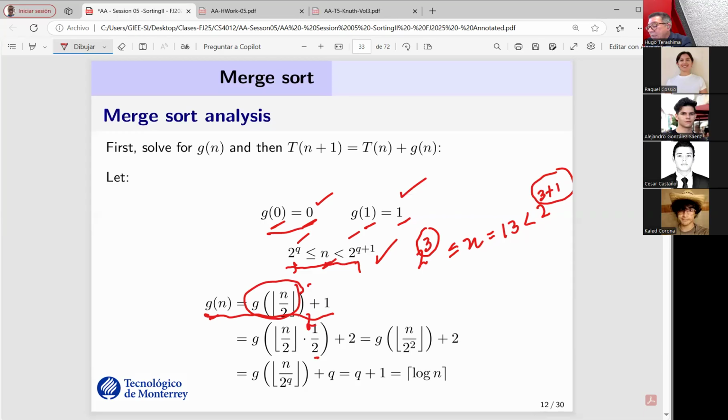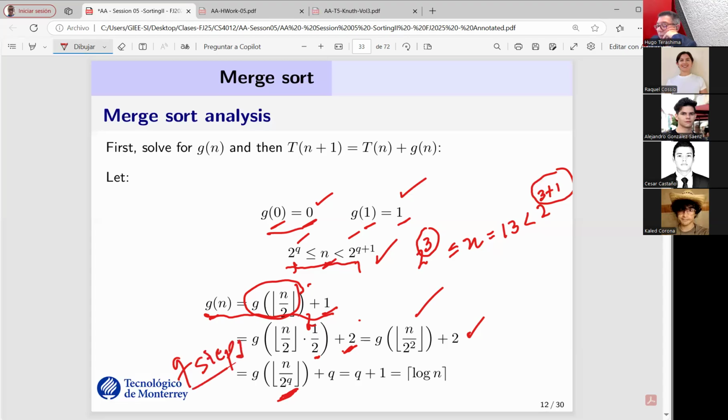Which is this, plus 1 plus 1, which is 2, right? So I have n over 2 squared plus 2. So that's the first step. After getting q steps here, q steps.